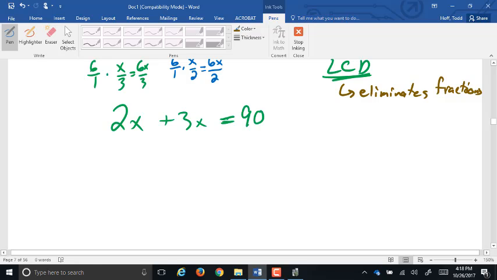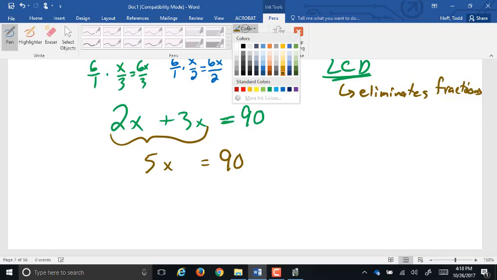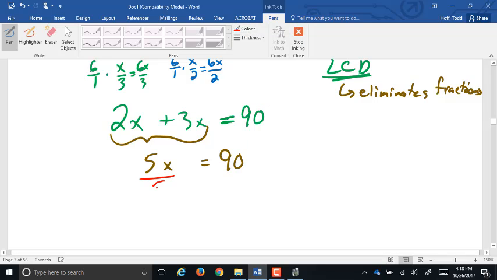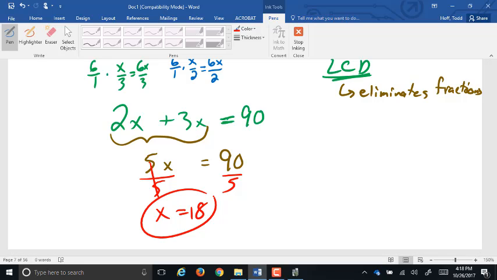Here then, to solve that, we would add 2x and 3x to get 5x equals 90, and we would divide by 5 to get x equals 18, which is the same answer we had before. Now in this equation, it's about the same amount of work to work with the fractions as it is to do this least common denominator.